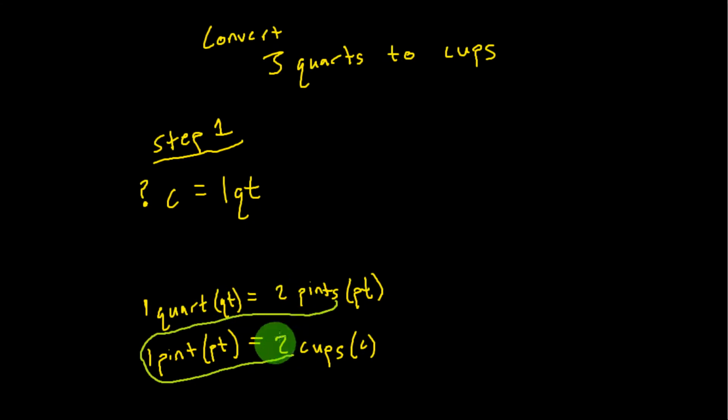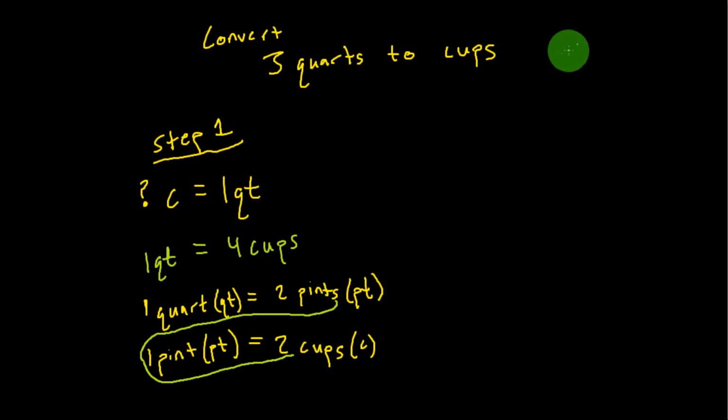So you can follow along a path to figure out how many cups are in 1 quart. If all you did was double 1 pint to get to 1 quart, all you have to do is double 2 cups. So 4 cups should be equal to 1 quart. So 1 quart is equivalent to 4 cups.